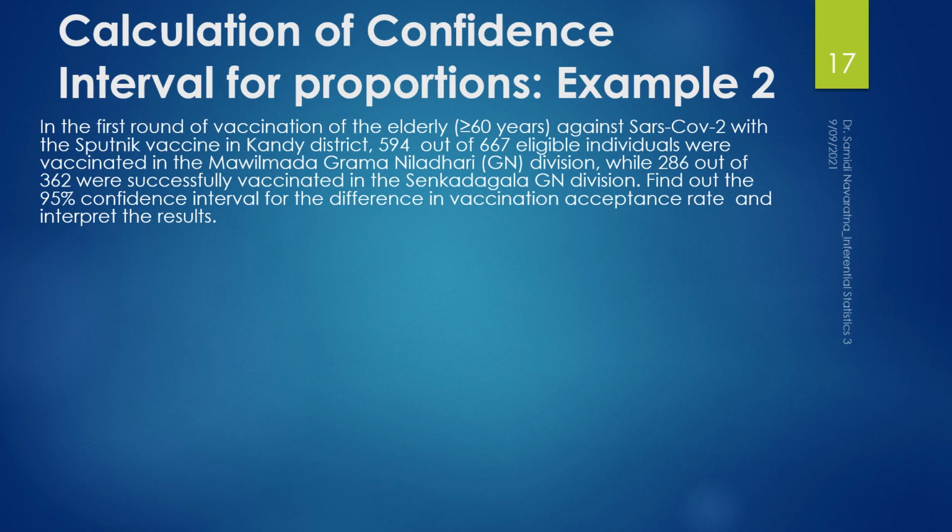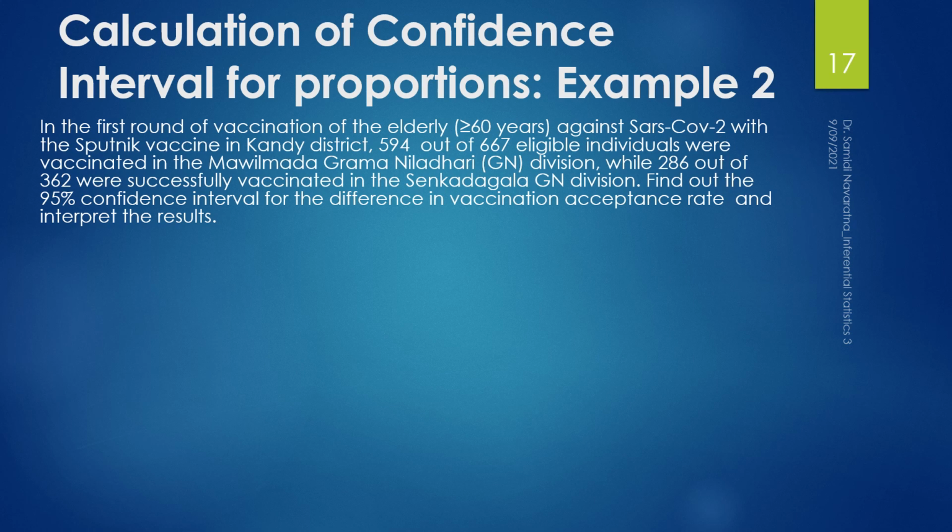Let's look at another example for calculation of confidence interval for proportions. In the first round of vaccination of the elderly against SARS-CoV-2 with the Sputnik vaccine in Kandy district, 594 out of 667 eligible individuals were vaccinated in the Mavilmada Grama Niladhari division, while 286 out of 362 were successfully vaccinated in the Senkadagala Grama Niladhari division.